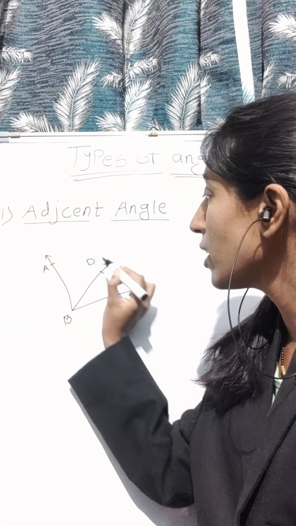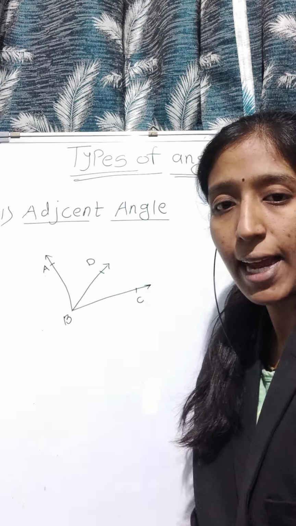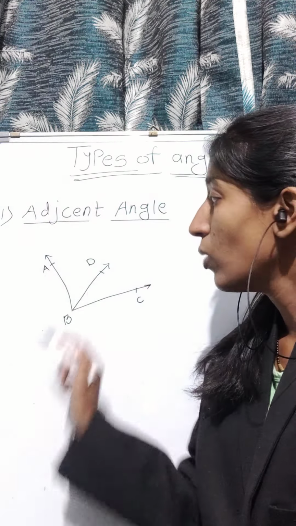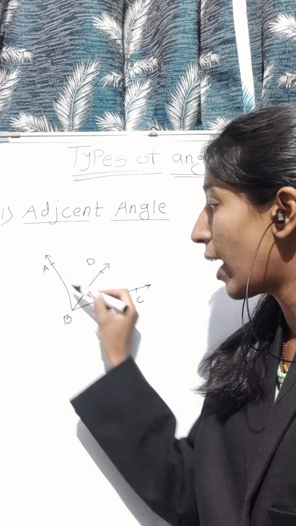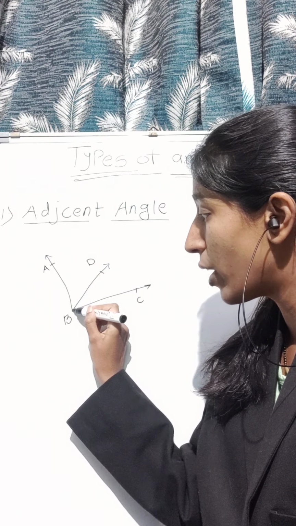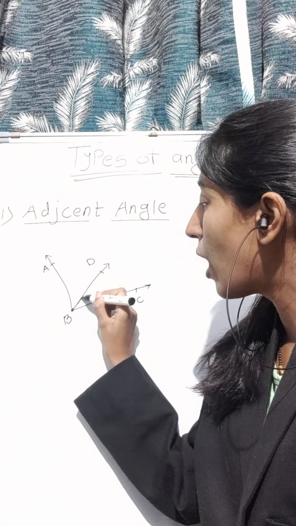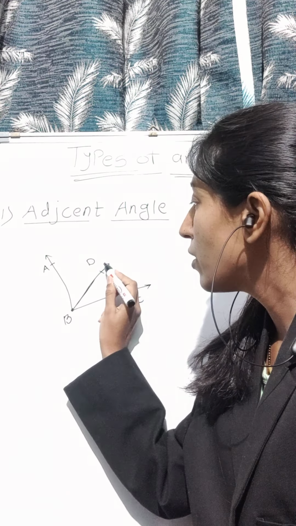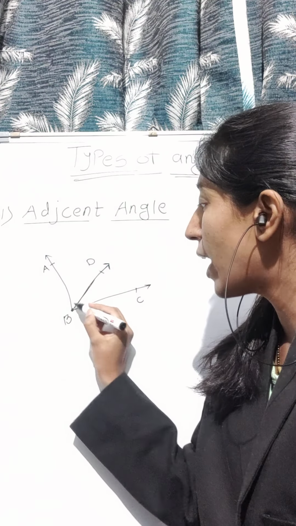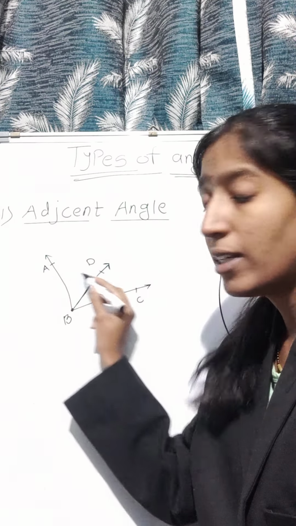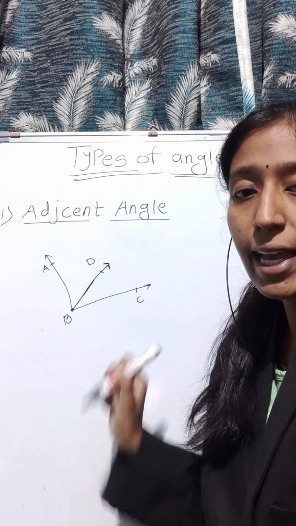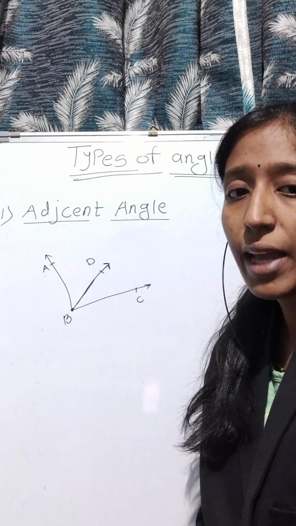Now today in this class we are going to see adjacent angle. Adjacent angles are the angles which have one common point and one common arm, and the remaining two arms of that angle are in a different direction. Then that angle is said to be an adjacent angle.